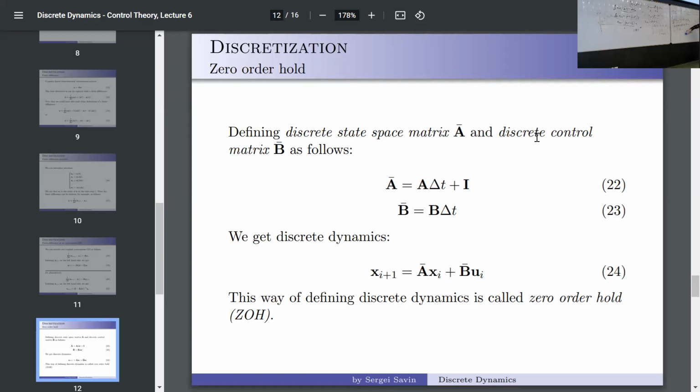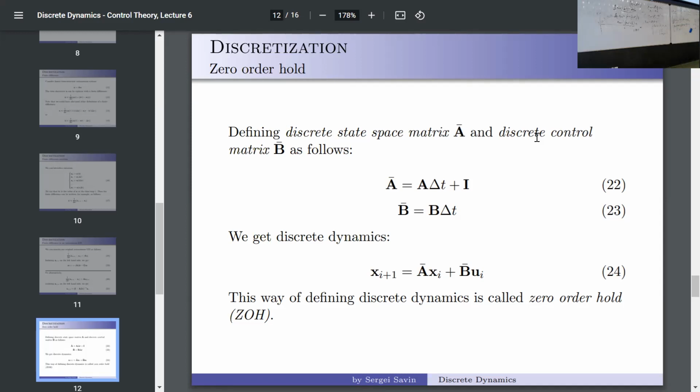So notice that this is where you have A times delta T, and this is where you have B times delta T. That's all. Just the right-hand side is multiplied by delta T. So the identity comes from this guy: A times delta T from here, B times delta T from here. Very, very simple. So expressions 22, 23 is how you go from continuous to discrete.